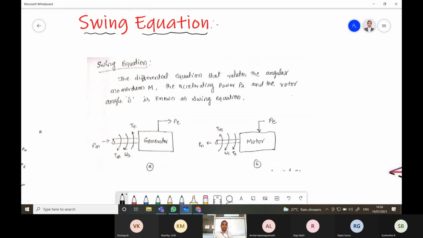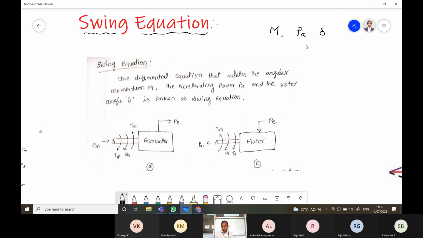The definition of the swing equation: it gives a differential equation. The swing equation is the differential equation that relates the angular momentum M, the accelerating power Pa and the rotor angle delta.